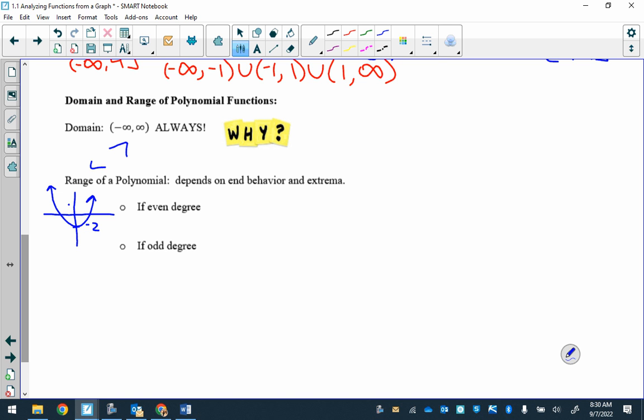If I had this one, what would it be? 1 to infinity, right? So if I could put that in words, if it's a positive even degree, how would I write it? Like if this is -2 to infinity, this is 1 to infinity, and it's positive because both arrows are pointing up. So what is that lowest value called?